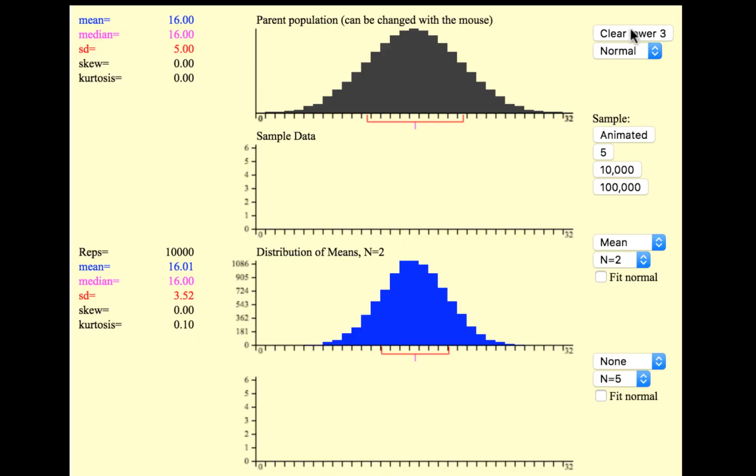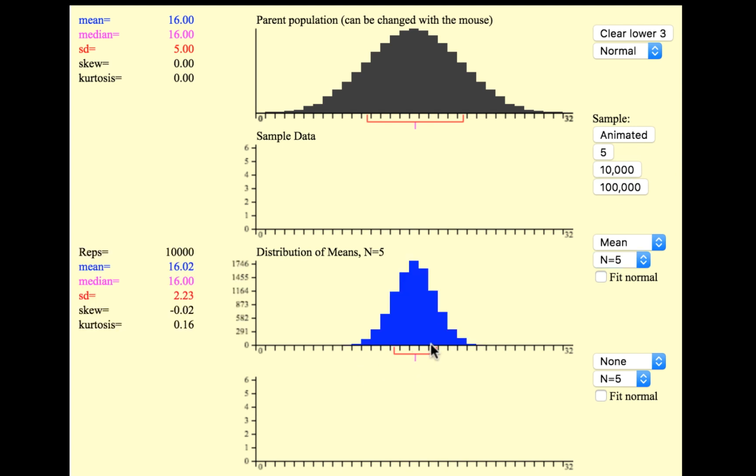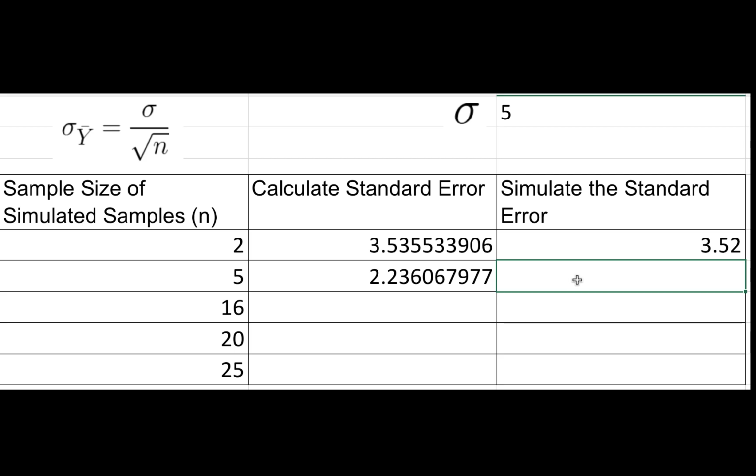So let's clear that distribution of means for n equals 2, and I'm going to change this to n equals 5. I still want a sampling distribution of means, but now my sample size should be 5 data points. Okay, so let's do 10,000 samples. And here we see that the standard deviation or standard error is 2.23. Whoa, that's pretty close.